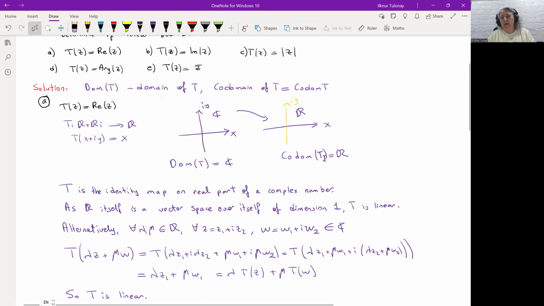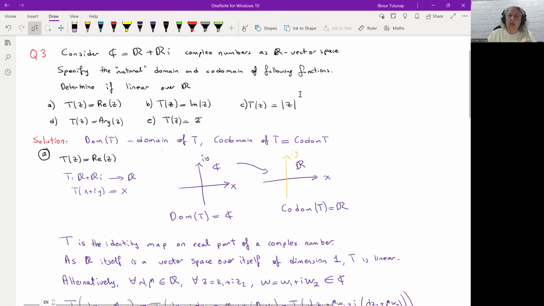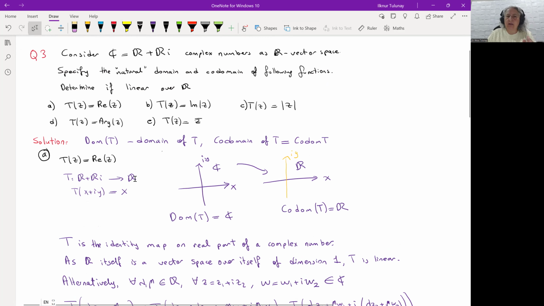What is the codomain? When we define this, everything in this map goes only to the real numbers. So the whole complex plane goes only to the real line, the x-axis. That still exists there because T goes from the complex numbers to the complex numbers.